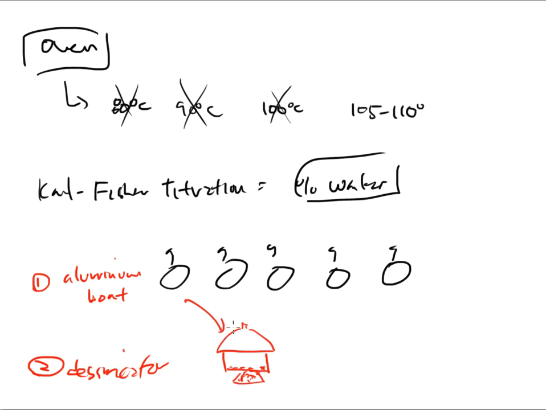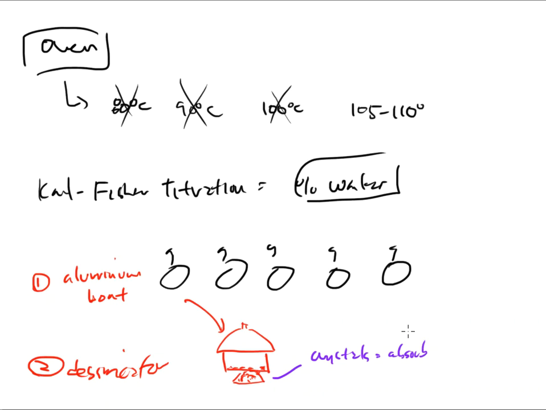The purpose of the desiccator, there's crystals down here in the bottom. And these crystals will absorb moisture that happens inside of the desiccator chamber. Okay, so what that means is that your objects go inside of the desiccator, you put the lid on, and if there's any moisture in the surroundings, those crystals will absorb that.